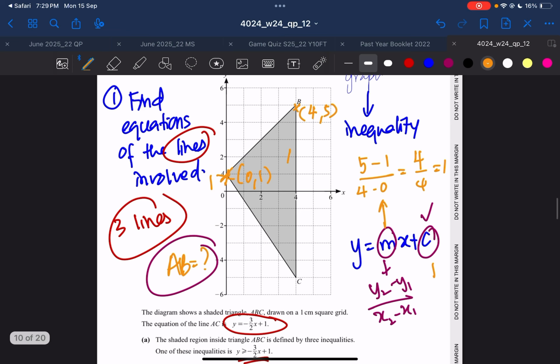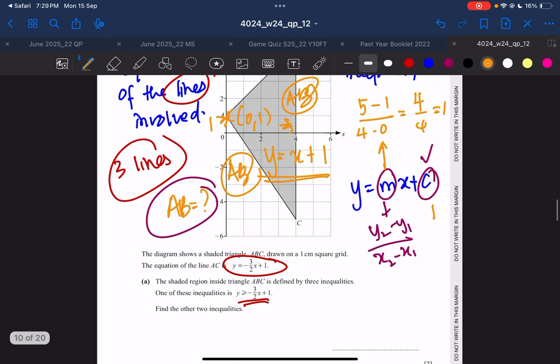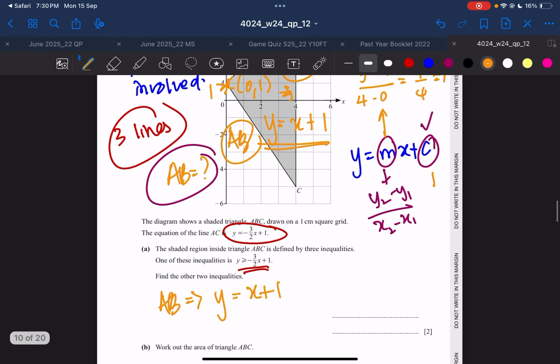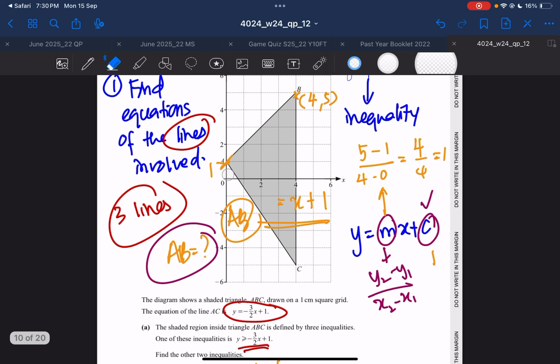So that means my AB is y equal to mx plus c, so y equal to 1x plus 1. Okay, so that's my AB formula. I'm just going to put it here: y is equal to x plus 1.